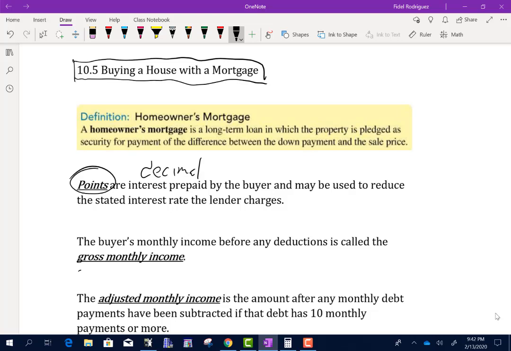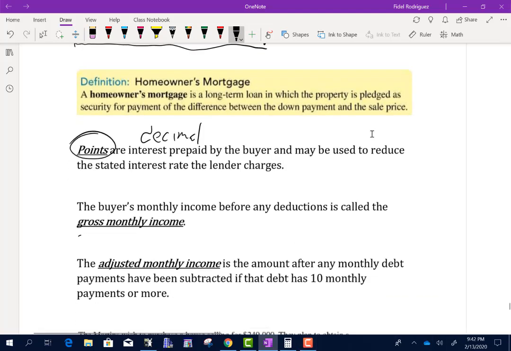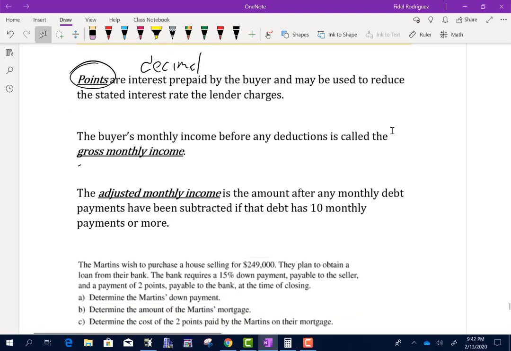And let's see what else we got. Okay, so then the next thing we have is something called the adjusted monthly income. The adjusted monthly income is the amount after any monthly debt payments have been subtracted, if that debt has 10 monthly payments or more.